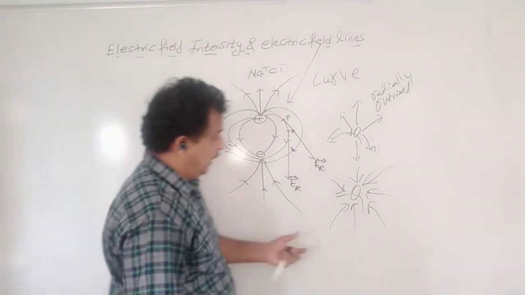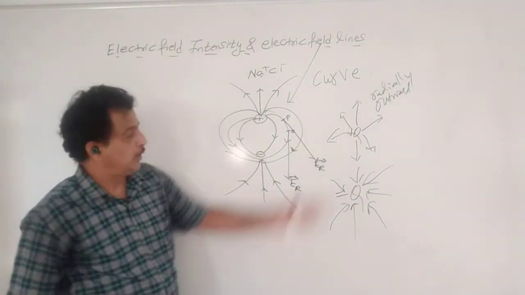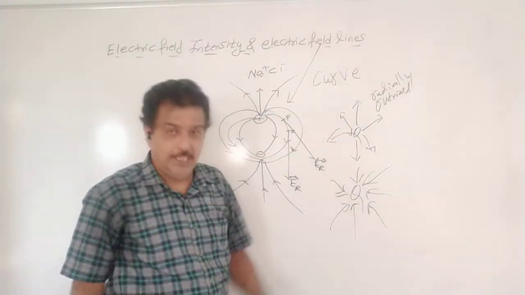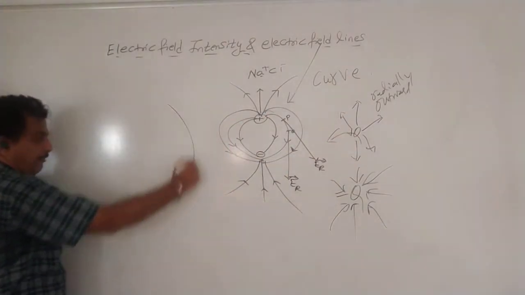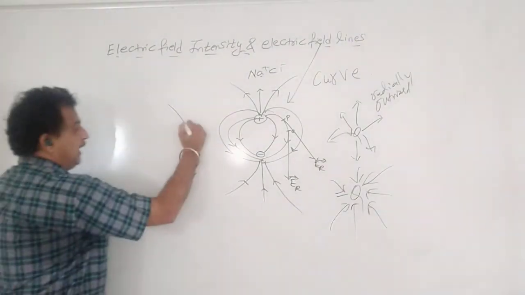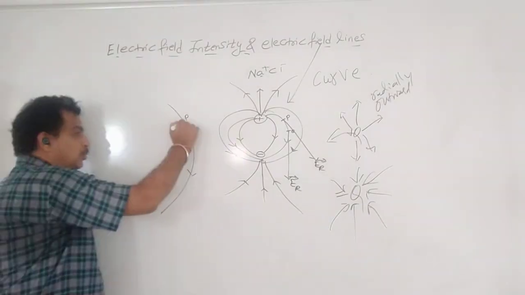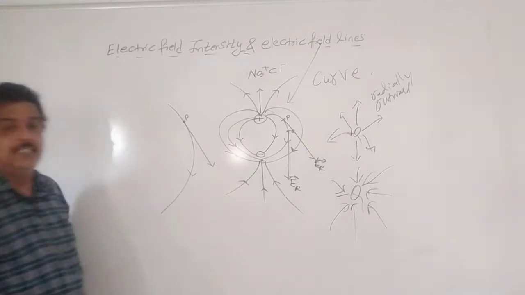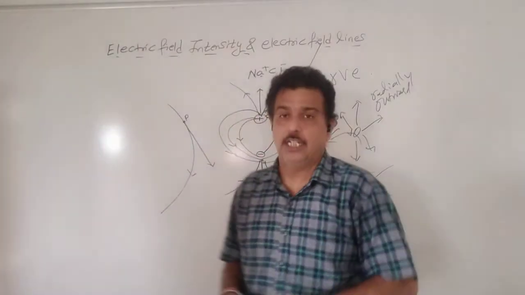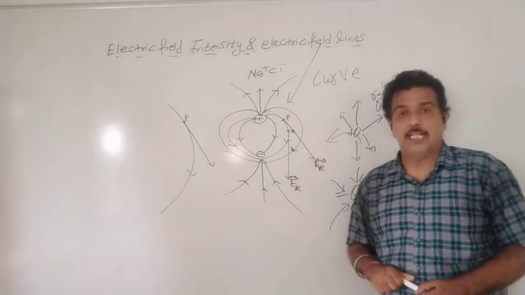So, if your field lines are straight, there is no question of any direction. You can see the arrow, and you can easily see whether it is radially outward or radially inward. But if any field line is curved, say like this, and if I ask what is the direction of electric field intensity at point P, simply you have to draw a tangent. Remember, this is the resultant of the repulsion by the positive charge and attraction by the negative charge.